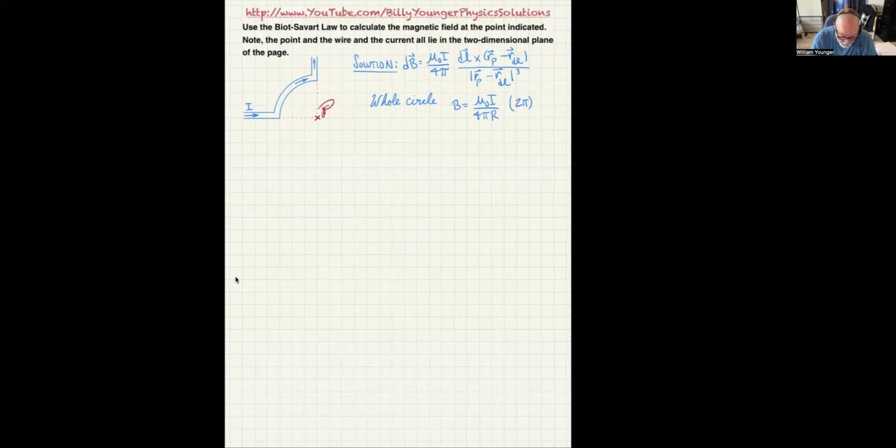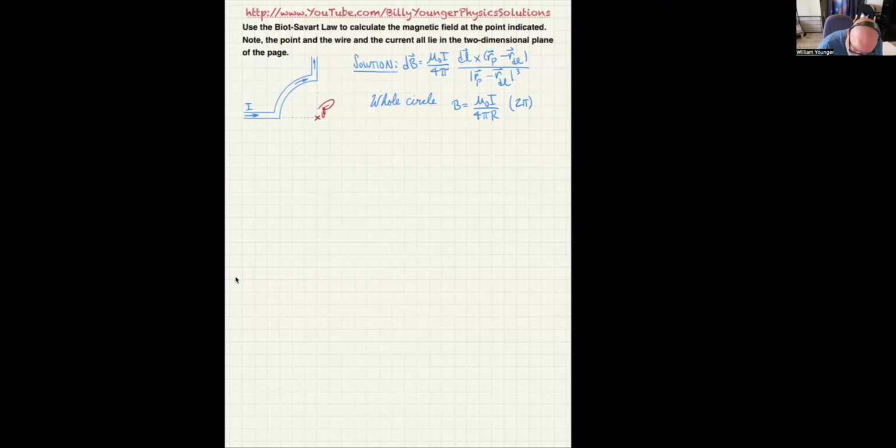A whole circular arc of radius R would have a magnetic field strength in the same plane as the arc and at the center of curvature, given by mu 0 I over 4 pi R times the angle the arc goes through, which in the case of a full circle is 2 pi, whereas here it's a quarter circle, so it should be pi over 2. Hopefully that will come into play and we'll be able to make use of it in a more robust way as we go on. So now we can begin.